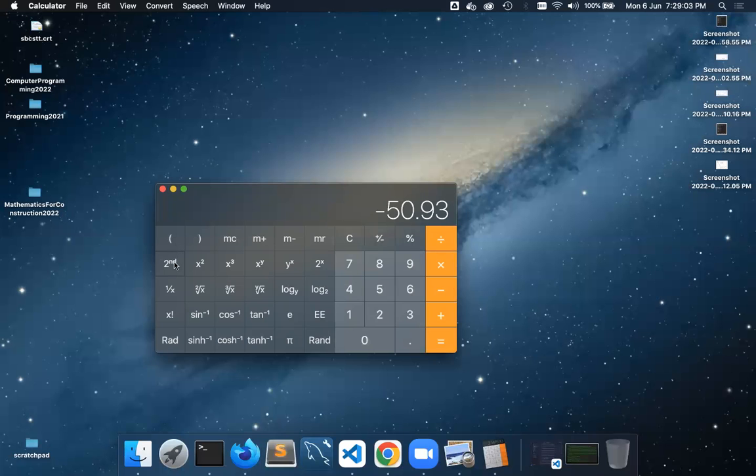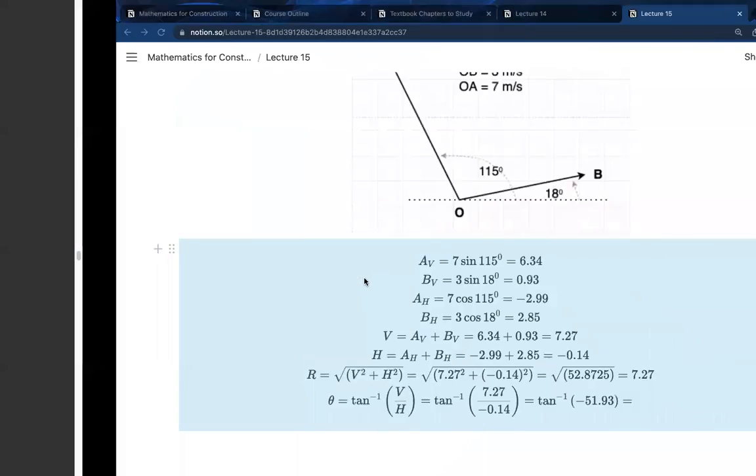So second function, tan inverse of that now, 91.12.